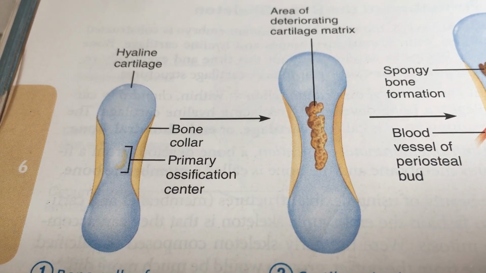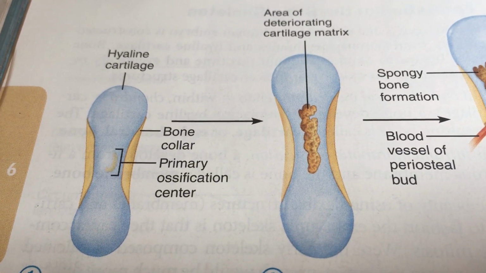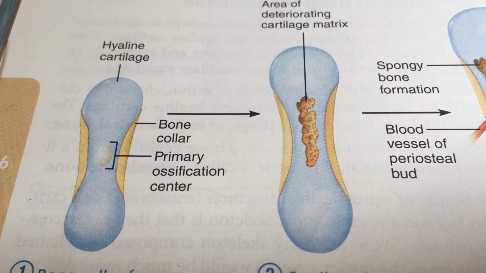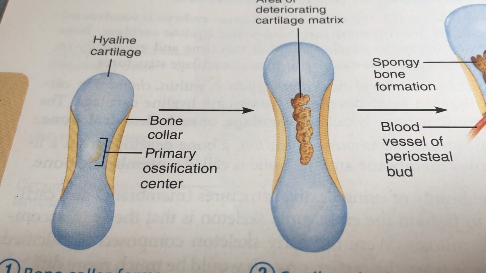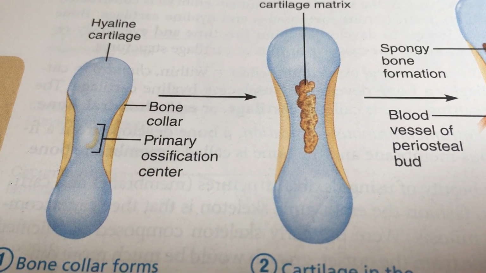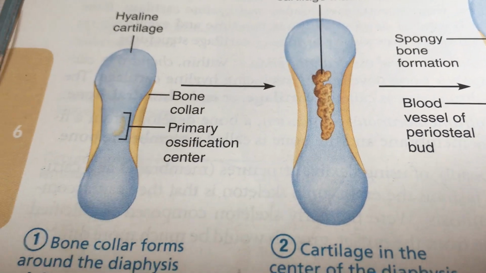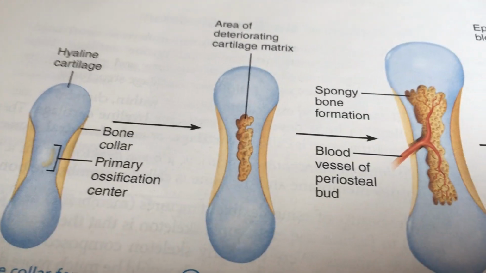So here we have a situation where we have a primary ossification center, we have a little bone collar, we have the cells necessary to proceed, which are the osteoblasts, and we have hyaline cartilage. Hyaline cartilage is going to become mineralized, and that's what's going on here.